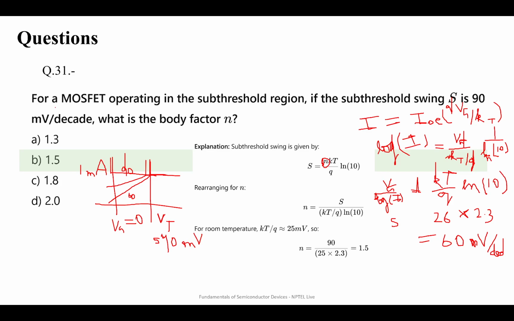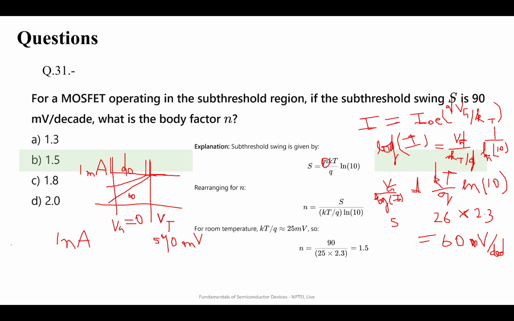So if I start from my VT and start reducing, after every 90 millivolts my current will reduce by one order of magnitude, divided by 10. Six times divided by 10 from 1 milliampere, you will end up at 1 nanoampere.